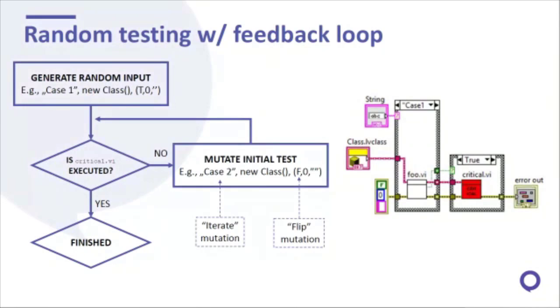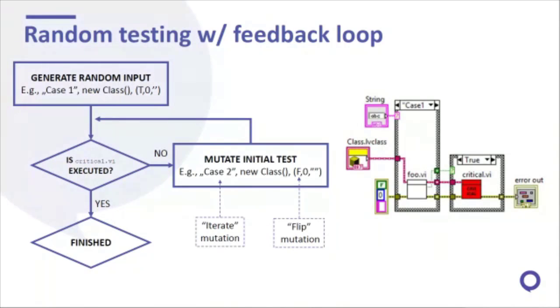So we just generate inputs randomly, which could be like this: case one string, an empty class, and the true error cluster. If you remember, I said that let's assume that this set of inputs would not exercise the critical VI, so would not reach the critical VI. Now the loop goes like this. We check if critical is executed. No, it's not. That's the assumption.